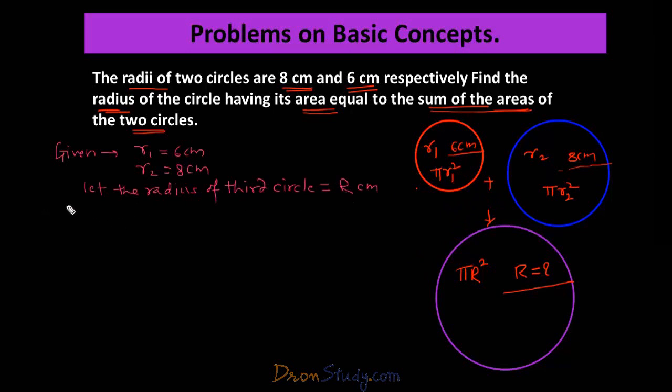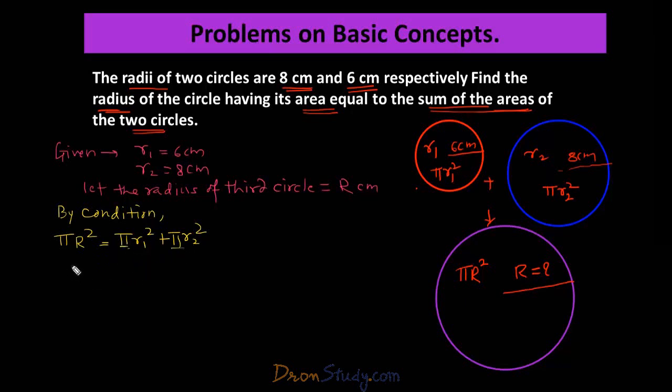So by condition, pi r square is equal to pi r1 square plus pi r2 square. So here pi will be a common factor.